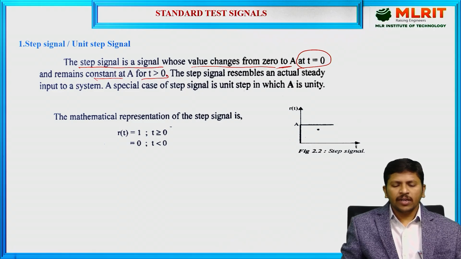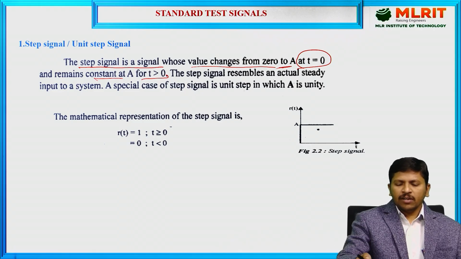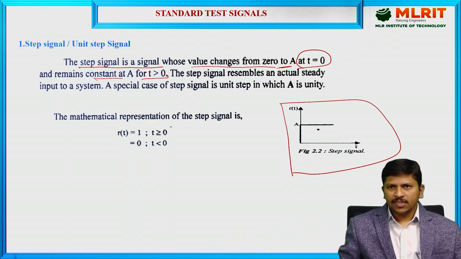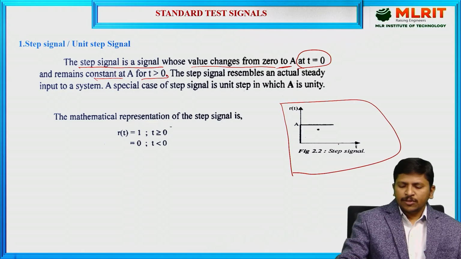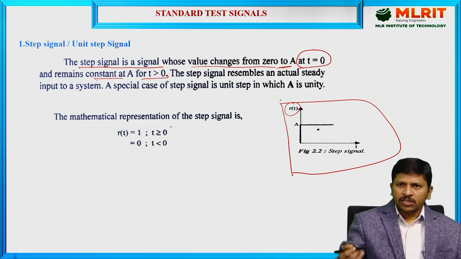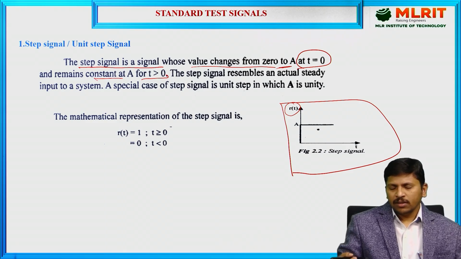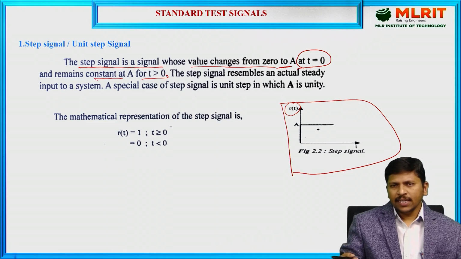So here, observe the graphical representation. This is the graphical representation of the step signal. Just observe, the x-axis is time t, and R of t is the input signal. Every standard signal is applied as an input to the control system.